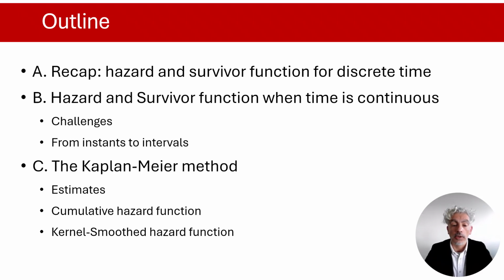I will then talk about the hazard and survival functions when time is measured continuously, and I will particularly talk about challenges and the importance of moving from instants to intervals. And then I will introduce the Kaplan-Meier method, talking about the estimates, the cumulative hazard function, and the importance of using kernel-smoothed hazard functions.